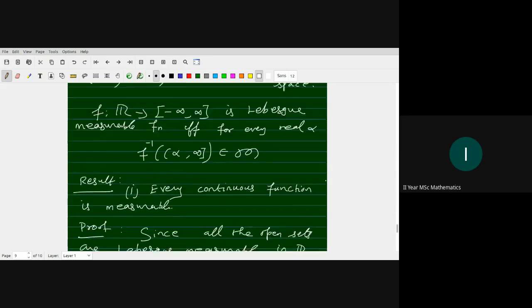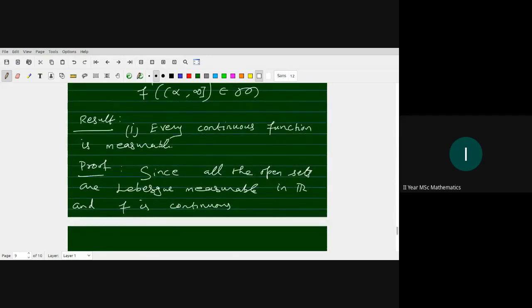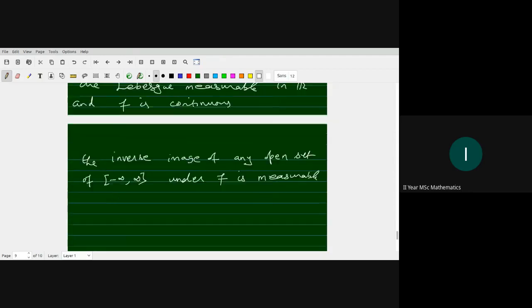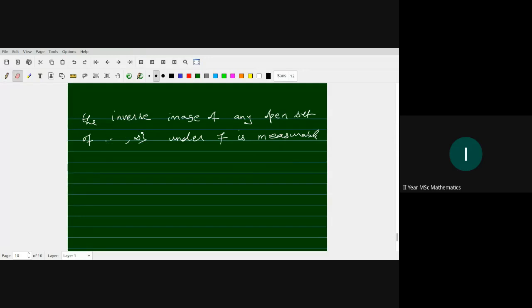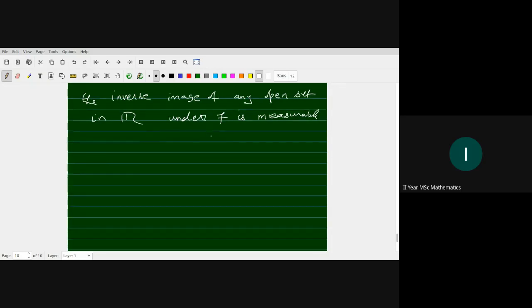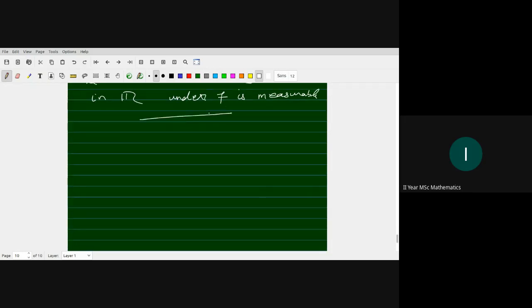Here, for the restricted thing, we only take f from R to R. Every continuous function from R to R is measurable. Instead of taking the extended real number system, we only take this. Every open set in R under f is measurable, right? So every continuous function is measurable.